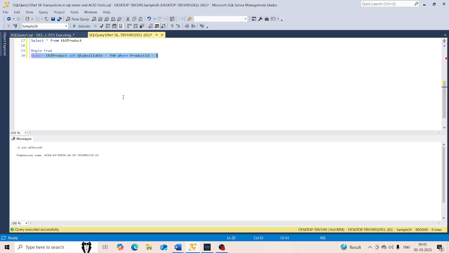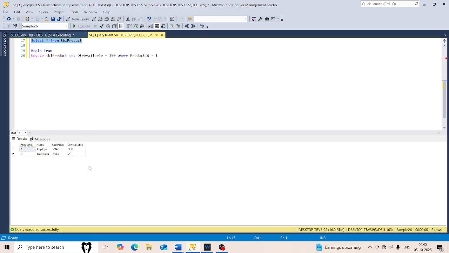So here there is one transaction which is processing a record from this table. If you look at this, there are two records in this table.